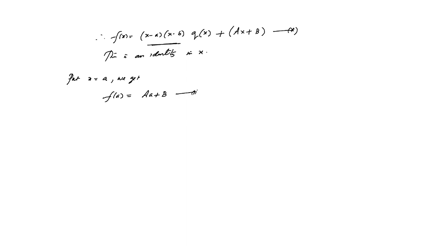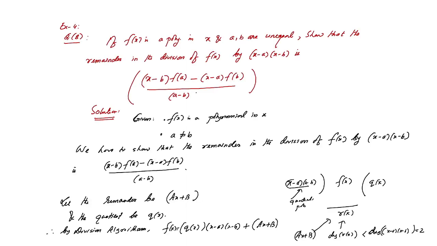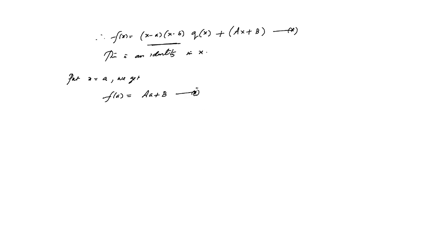And putting x equals b in star, we get f(b) equals Ab plus B. This is 2.